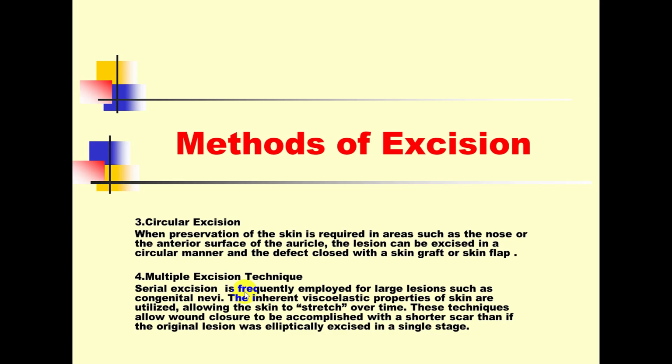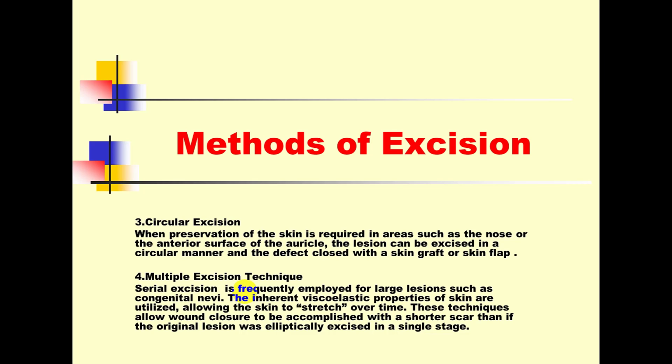Multiple excisions: some lesions I cannot excise in a single session, so I do multiple excisions, like for one of the very large congenital nevi in a special place. It is a benign lesion, not a malignant one.